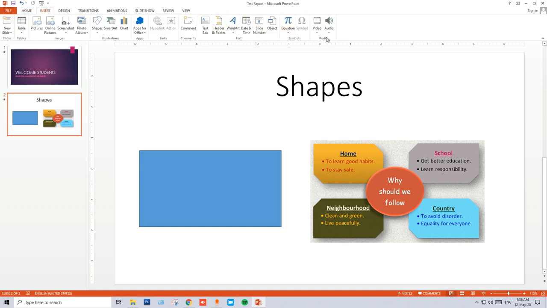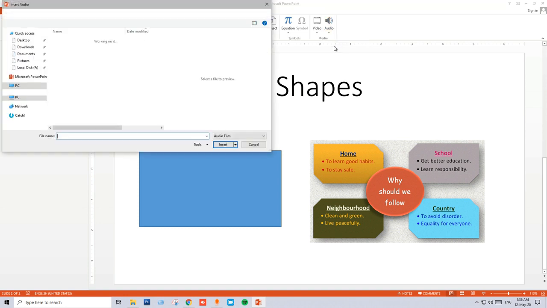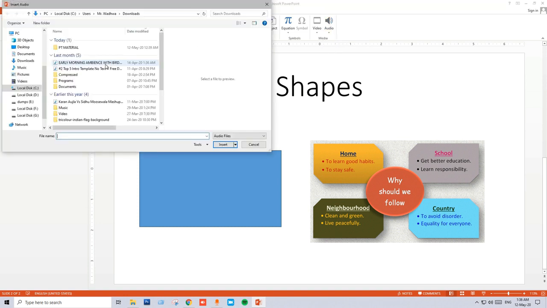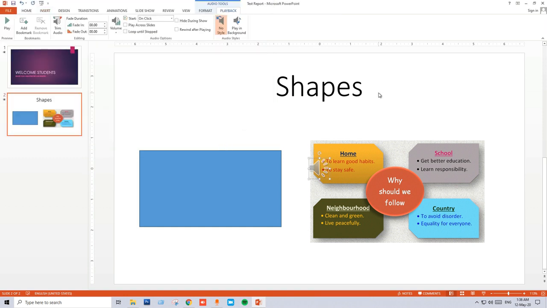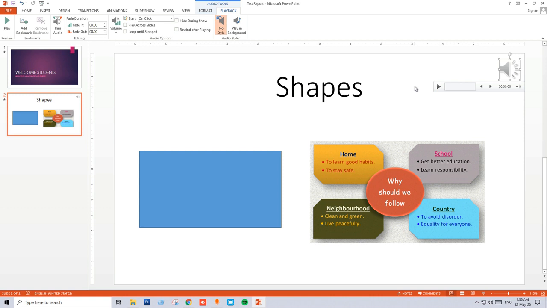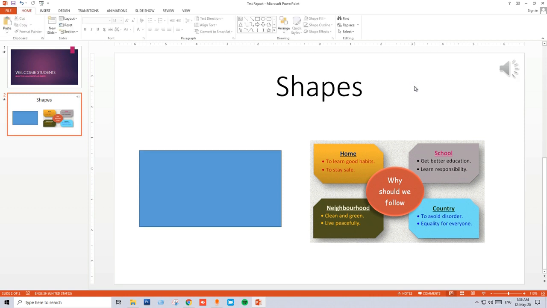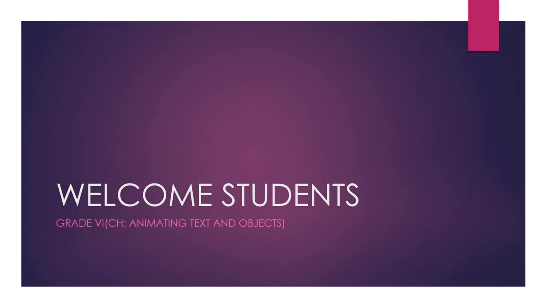I'll go to Insert, Media group, audio on my PC, and then selecting the audio, clicking on the insert button. My audio will appear. I'll take it to my desired position in the slide, and then let me just again press the F5 key to show you the slideshow.